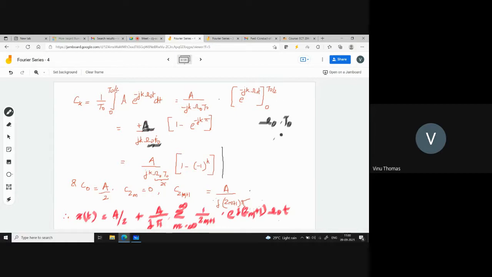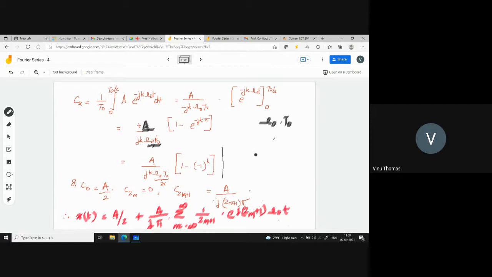Omega 0 is 2 pi by T0. So 2 pi by T0 into T0 will evaluate to 2 pi. So this is 1 minus e raised to minus jk pi. So e raised to minus jk pi we can write as minus 1 the whole raised to k. So this is A by jk 2 pi into 1 minus (minus 1) the whole raised to k.